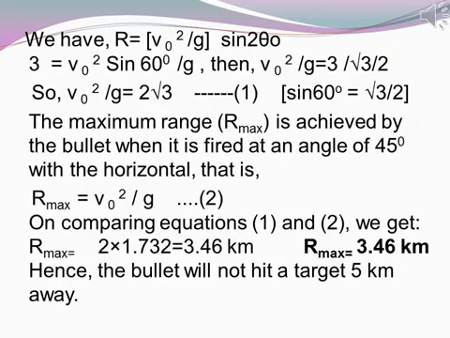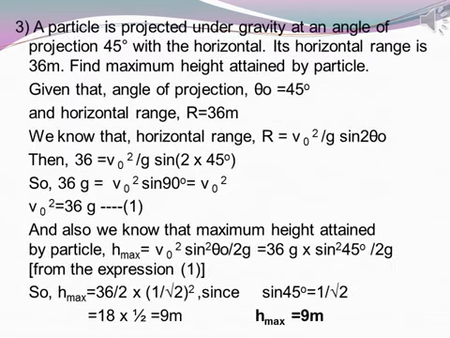On comparing the equations 1 and 2, we get R maximum is equal to 2 into 1.732, which is equal to 3.46 km, since root 3 is equal to 1.732. Hence the bullet will not hit a target 5 km away.